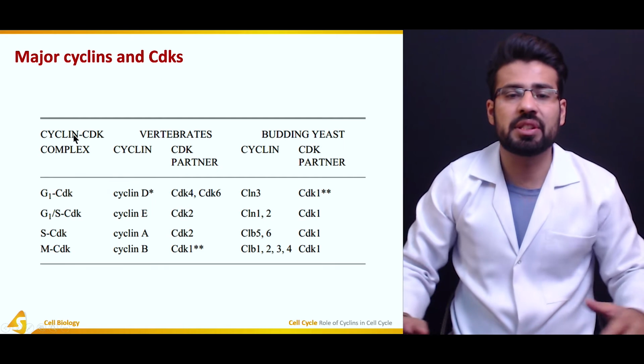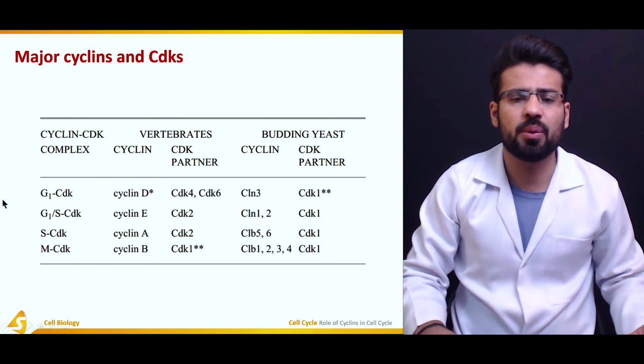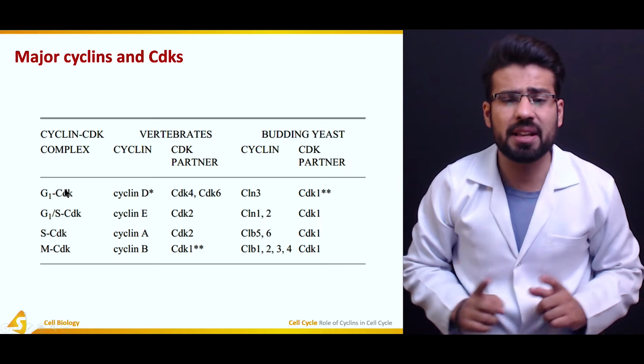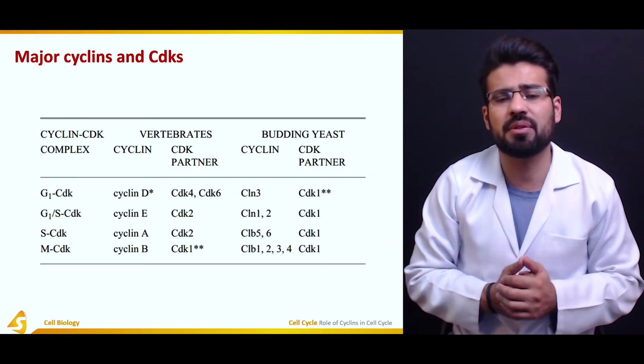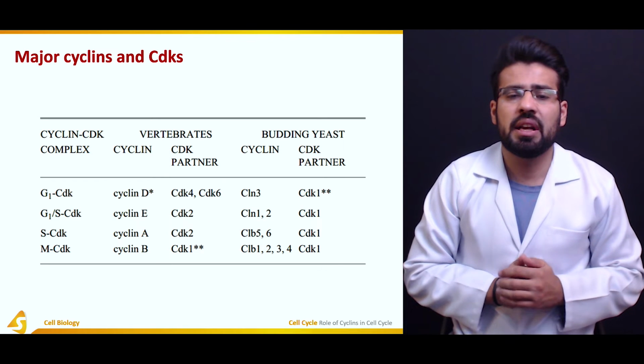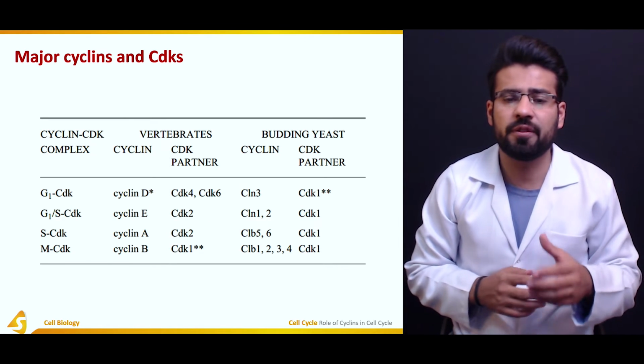Talking about the major cyclins and the CDKs, we have the G1 CDK that binds with cyclin D, and there are three different types of cyclin D. In vertebrates, they bind with CDK4 and CDK6.